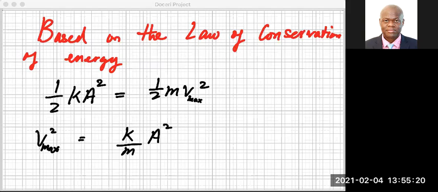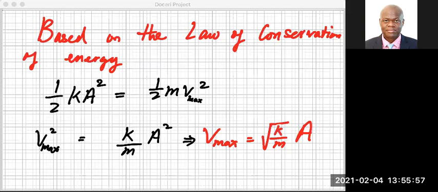And if you take the square root of both sides, you get v max is equal to square root of k over m times A, because the square root of A squared is just A. Okay, so take note, the square root doesn't cover A. It only covers k over m.